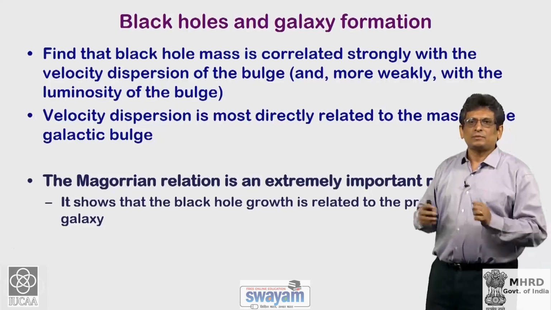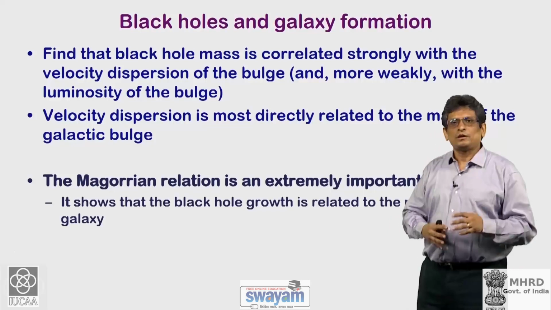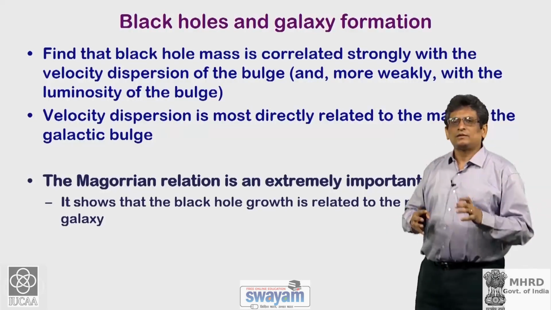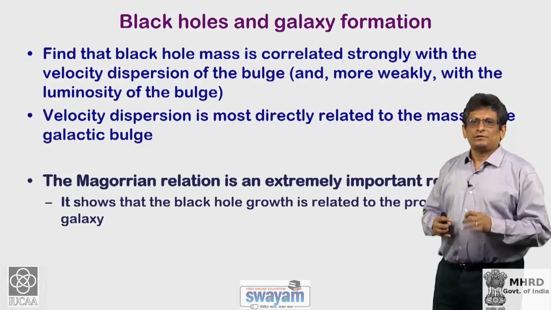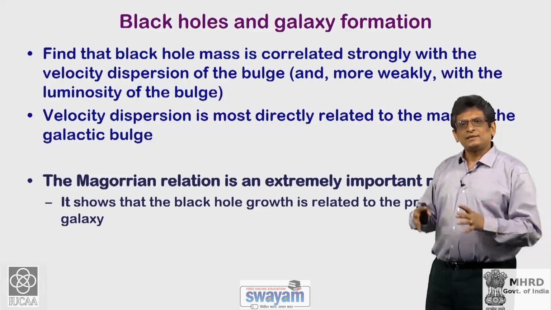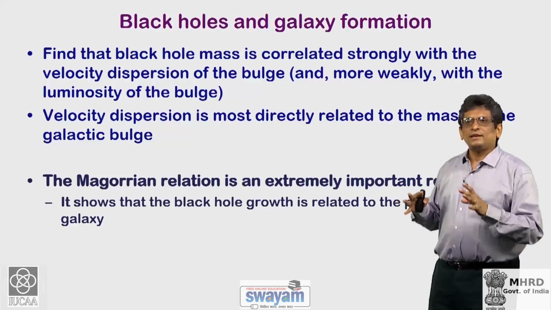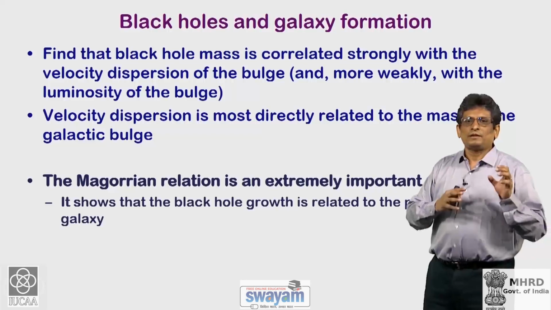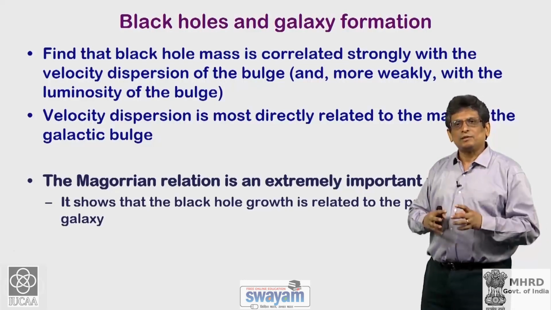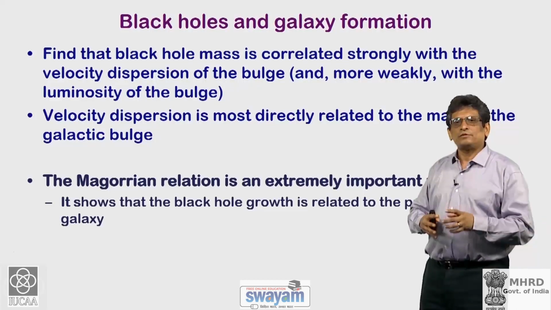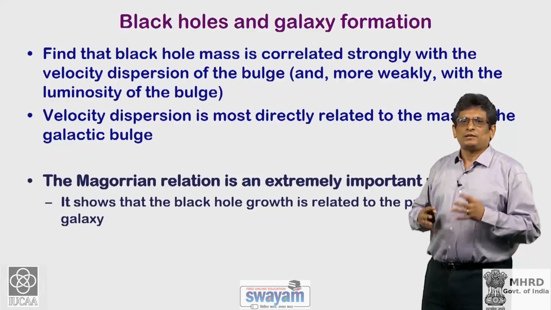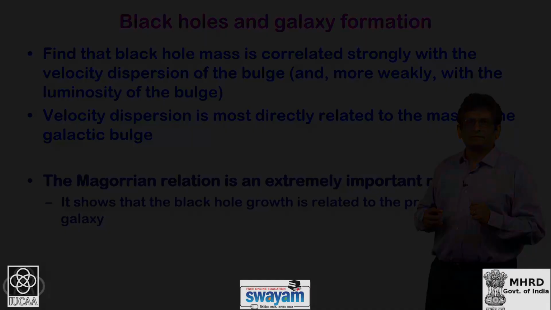Otherwise, the mass of the black hole would not be correlated with the mass of an important part of the galaxy. And so we know that as the galaxy evolves, the galaxy is aware of the fact that the black hole in the middle of the galaxy is growing at a rate that is related to the mass of the central part of the galaxy.